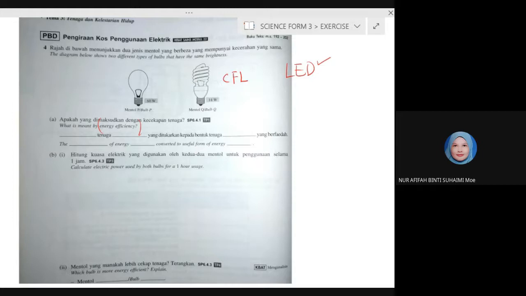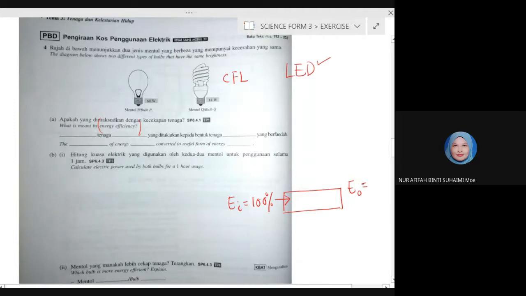If we give it 100% input energy, and it can produce output energy of almost 100%, it means the appliance is energy efficient. Very effective.